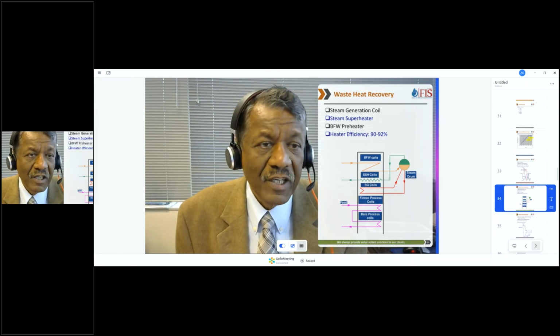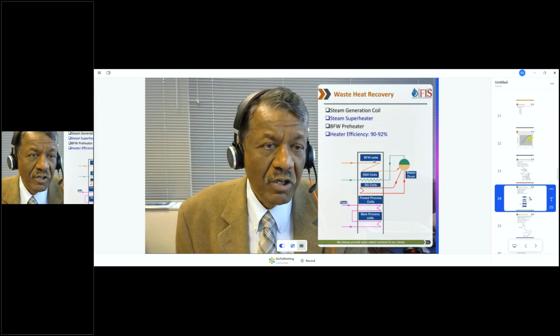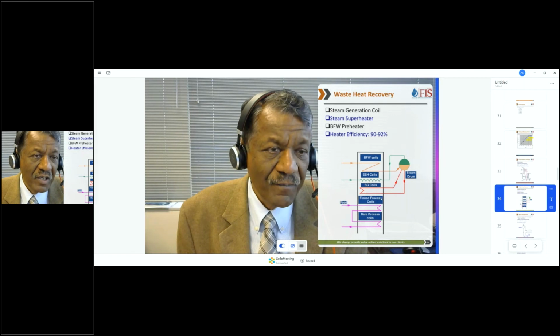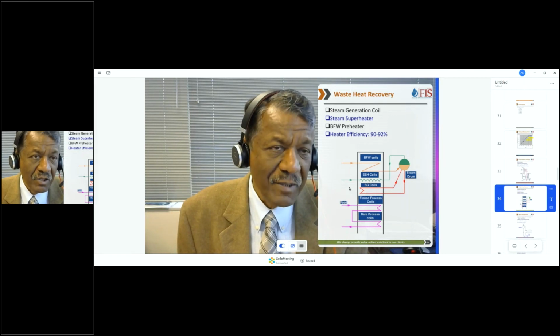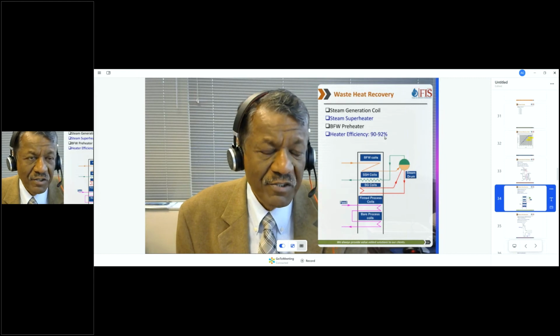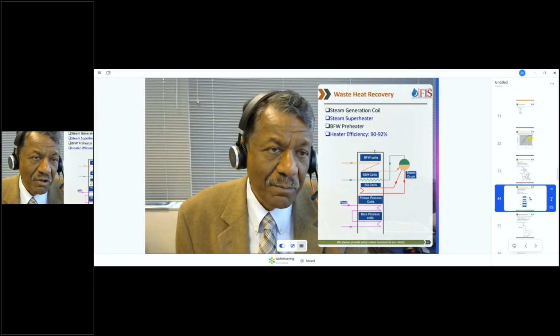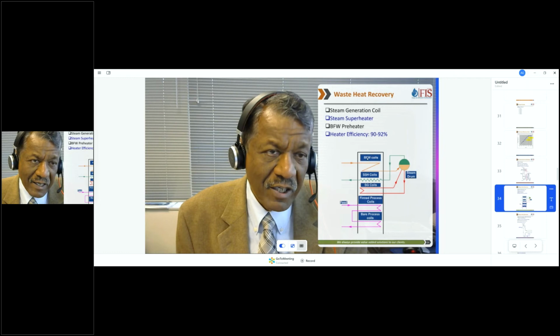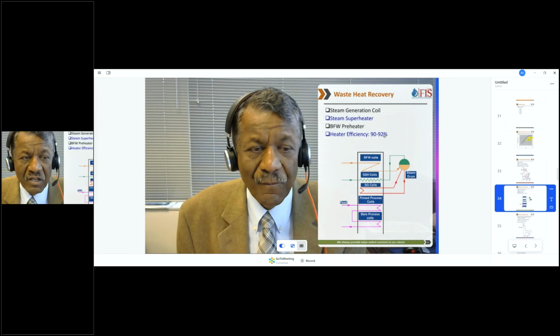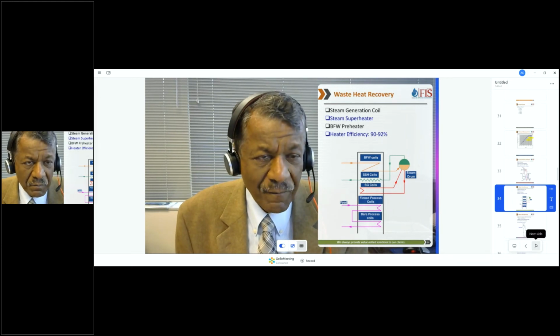And you can see here we have a boiler feed water preheater, steam superheater, and steam generation coils to generate steam, actually. And we can again achieve 90 to 92% efficiency. In fact, we can add a process preheat coil in ethylene crackers over here, and we can go to about 94% efficiency. So we could do that.